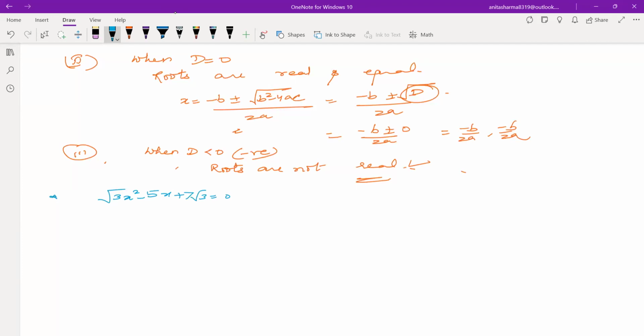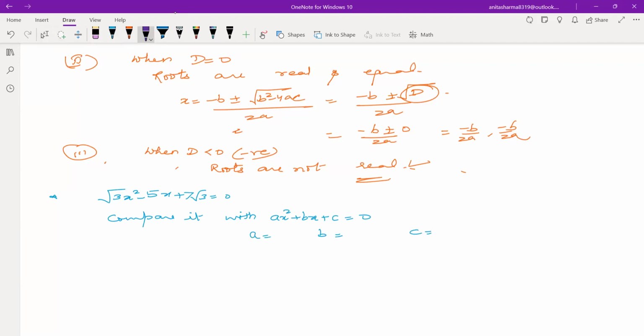First of all, you will compare it with ax square plus bx plus c is equal to 0. Right, beta? So now write the values of a, b and c. Tell me, children, value of a and b and c.